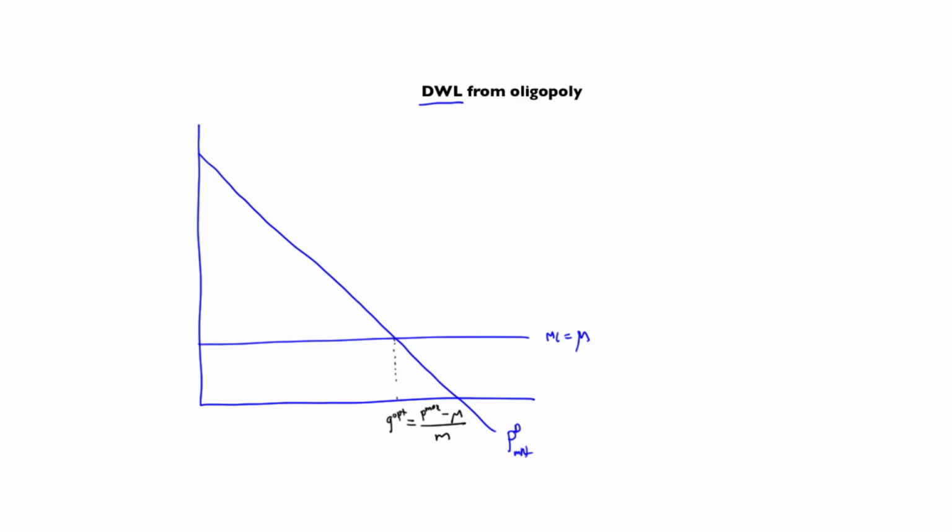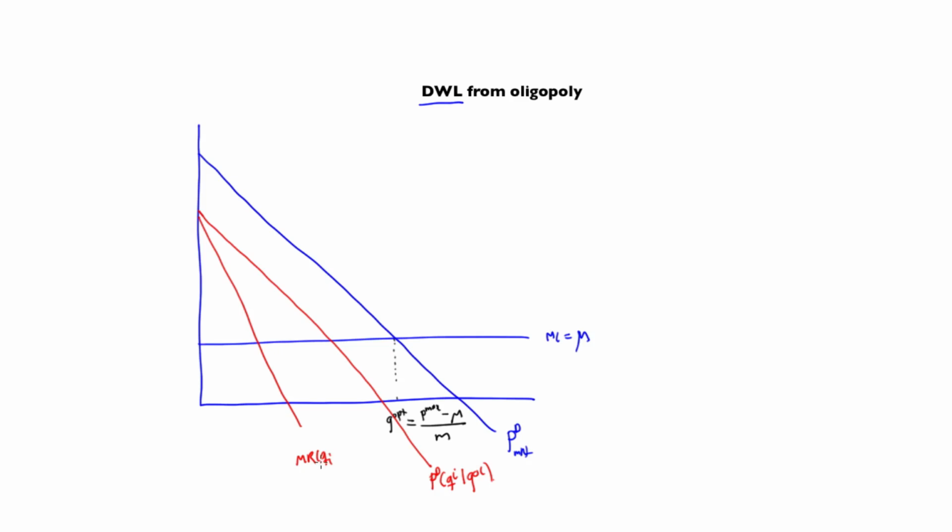Of course, that's not what the oligopolistic market is generating. What the oligopolistic market generates is something like this. Let's say that every firm is producing QL, and therefore for a typical firm i, the demand that i faces, given that the other firm is producing QL, looks something like this. That leads to a marginal revenue curve that looks like this.